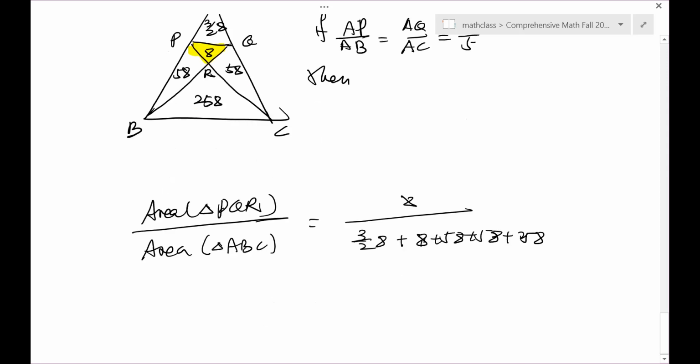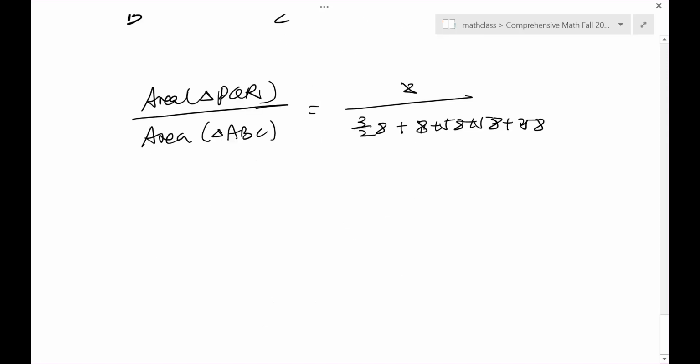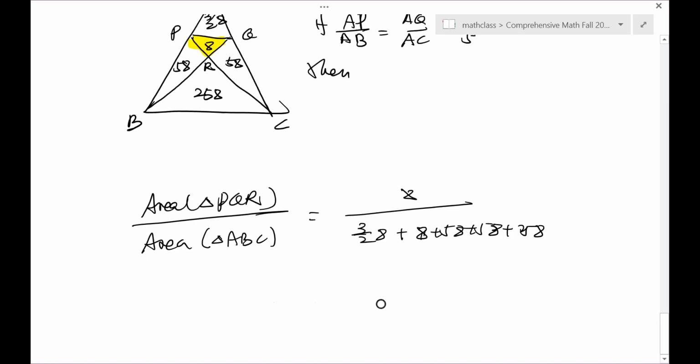Eventually x will be canceled out. So you will get 1 over 3 over 2 plus 11 plus 25, which will be 36x.